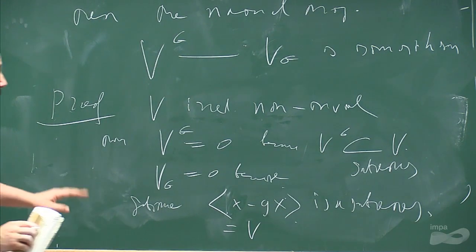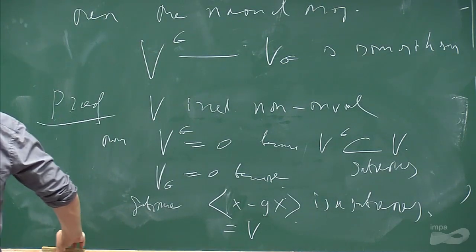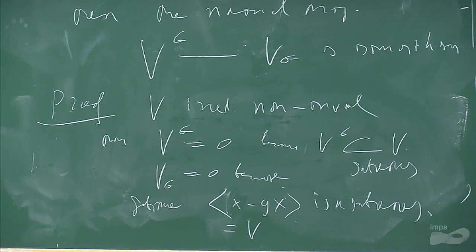Okay, this was for irreducible. And of course, now you have any G representation. For any G representation, V is the direct sum of Vi, where Vi are irreducible.